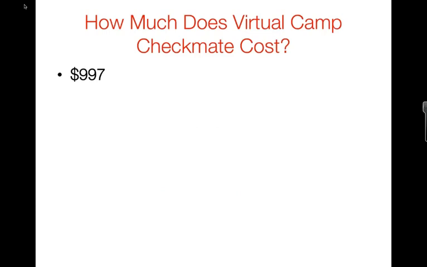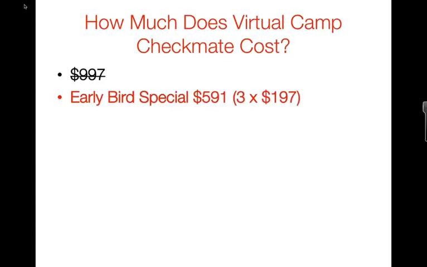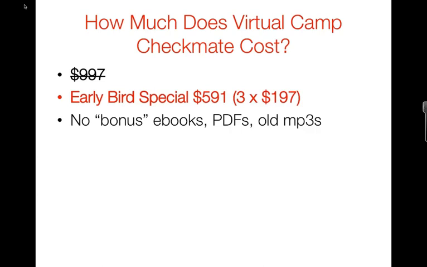So I originally priced this at $997, the same as the low-end early bird of a live 2-day Camp Checkmate where you fly somewhere and spend 2 days in a hotel conference room. But I've got 2 weeks left, and I would really love to finish filling all the seats. So I'm going to continue an early bird special of 3 monthly payments of $197 for a total of $591.